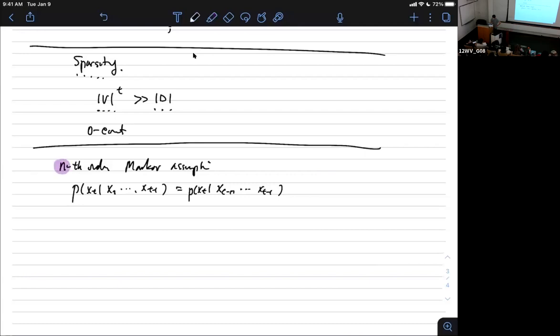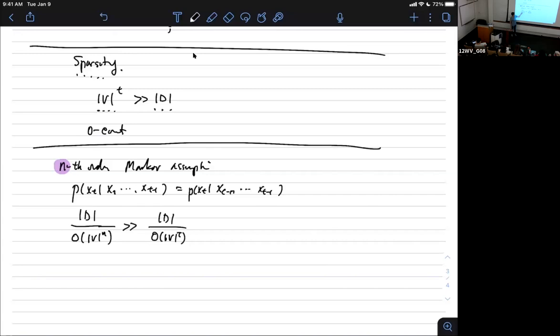If you think about the degree of sparsity as the ratio between the size of your corpus and the size of all possible phrases, then by using the nth order Markov assumption, the ratio is substantially greater than the ratio between the size of the corpus and all possible sentences.